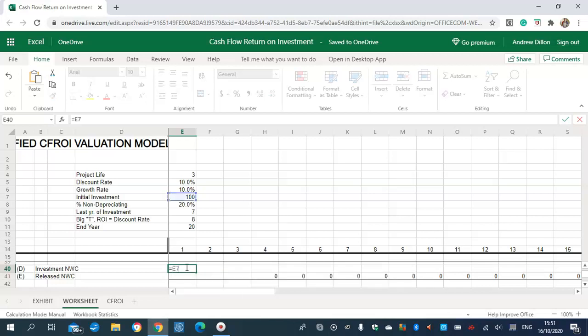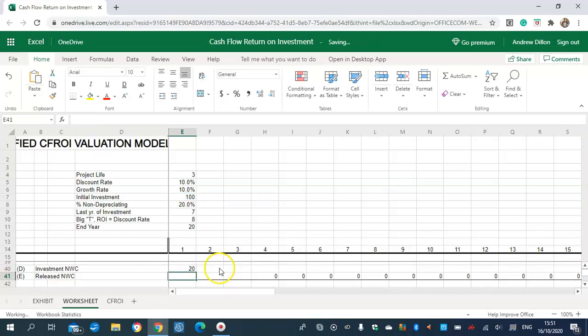So E7 multiplied by E8, so initial investments multiplied by a percentage non-depreciating. Number 2 will be a long if statement.